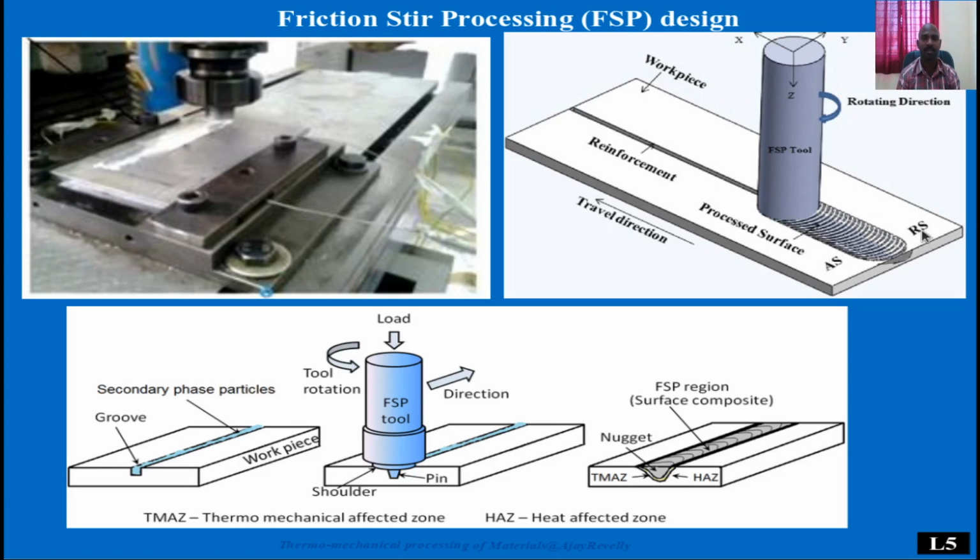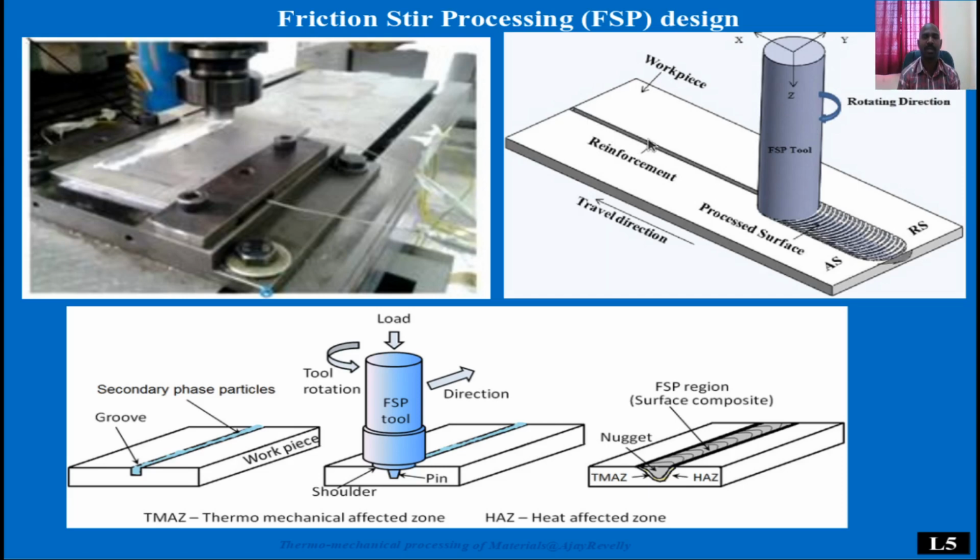This other side is called the retreating side. Or you can remember, this is the left side, this is the right side with respect to the friction stir processing tool. This is the tool traveling direction. This is the tool which is rotating in this direction, which is a clockwise direction.